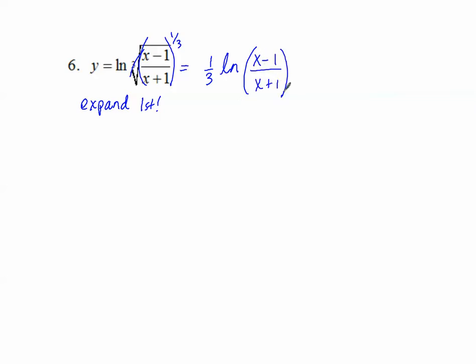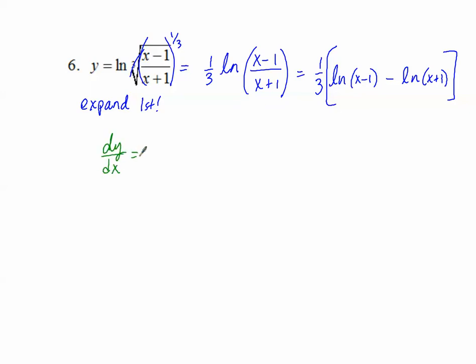What you need to be careful of is now when we're using our dividing property, we have the 1/3 out of all of it. Natural log of x minus 1 minus the natural log of x plus 1. Now we're ready to differentiate. So now I'm going to say dy dx equals, I've got a coefficient of 1/3, so 1/3, big brackets.